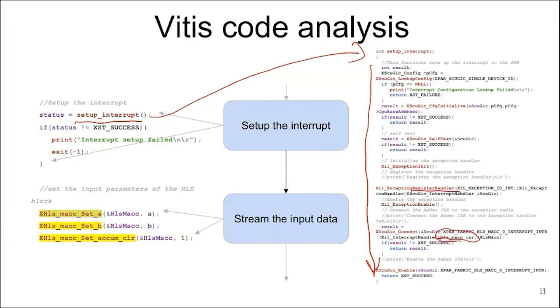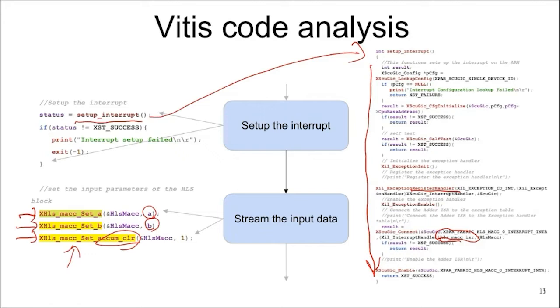Okay. And after we all set it up, we can start to stream our variables into our IP, which are A, B, and clear. One thing you should notice is here, the API call is auto-generated by the tool. So in the reference code, the function name is changed. How can you tell which function name you should use? You should check here.